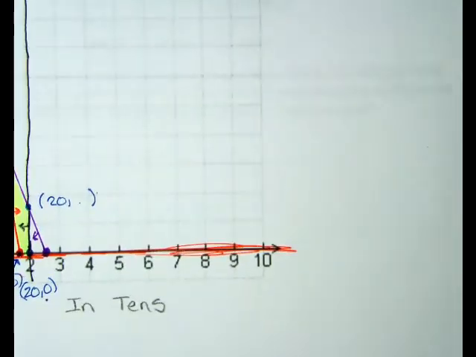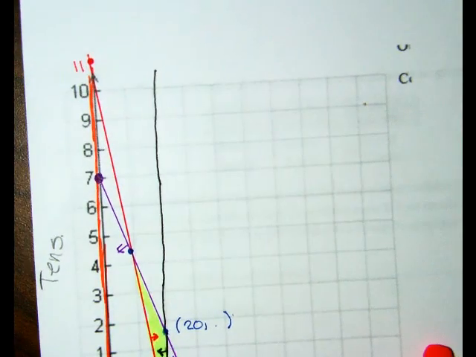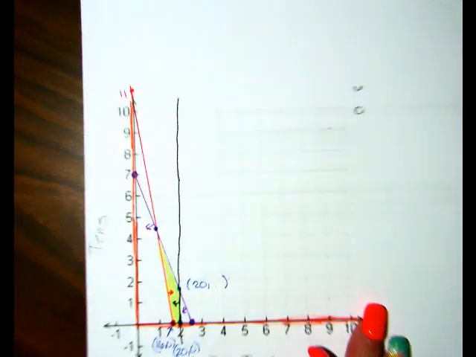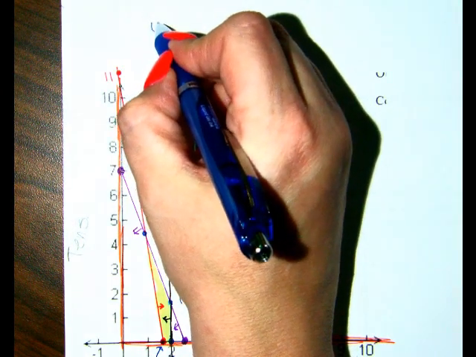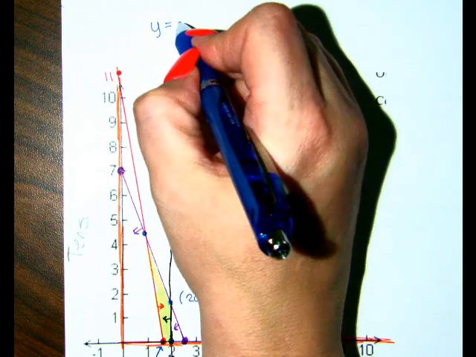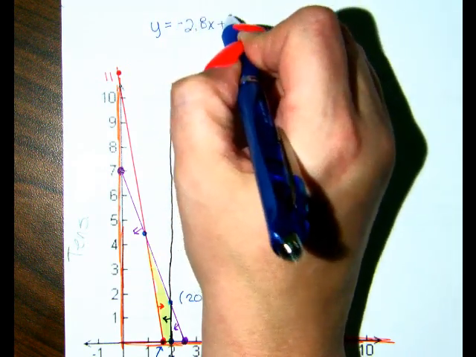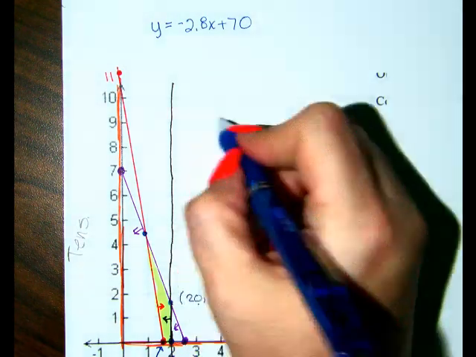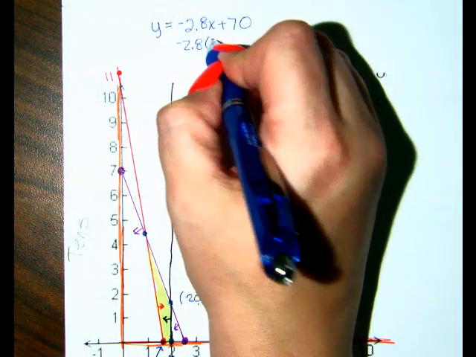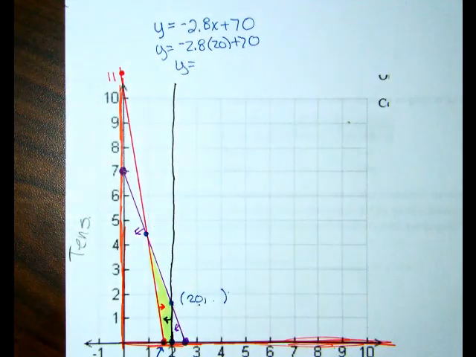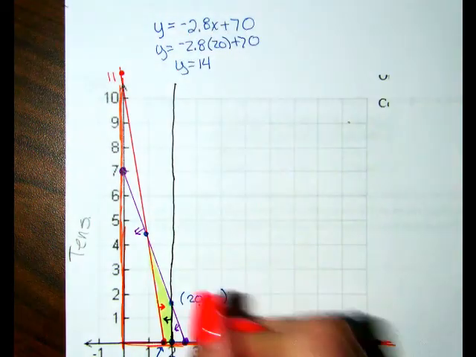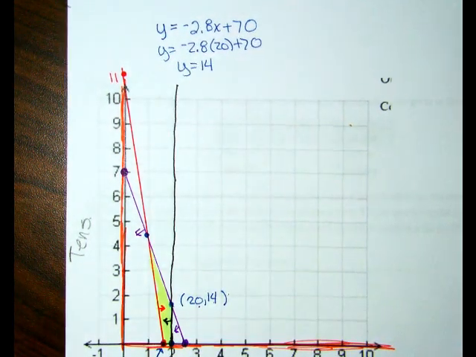So I need to calculate what that y value is. y equals negative 2.8x plus 70. I already know my x value is 20, so I just plug that in: negative 2.8 times 20 plus 70. And when I do that in the calculator, I get a y value of 14. So I know this vertex is at (20, 14).